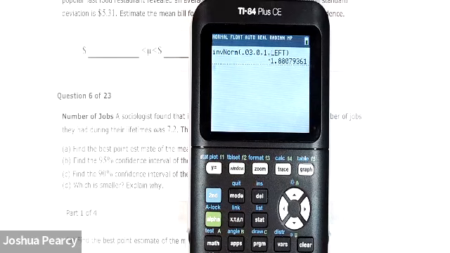Like how you find it. Go second, vars, then to inverse, oops, not that yet, inverse norm. Then inside that, put the area to the left as the first thing, the mean, and the standard deviation.